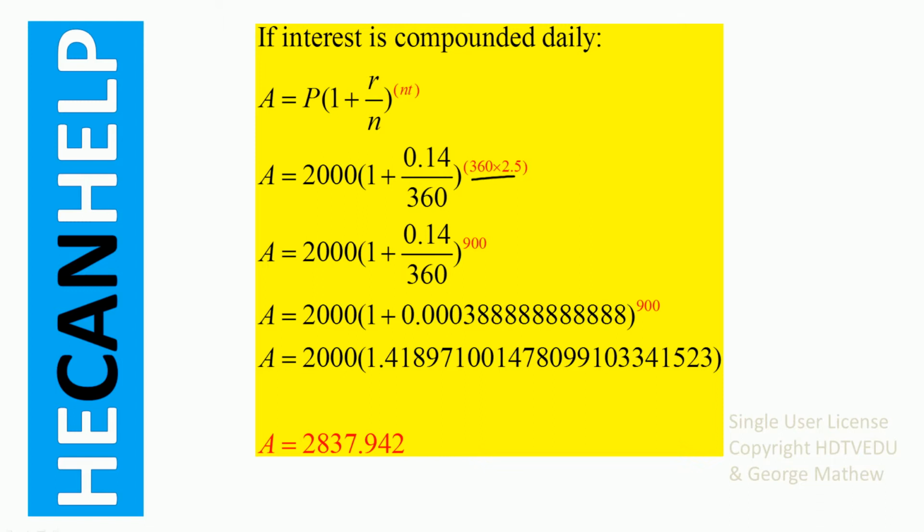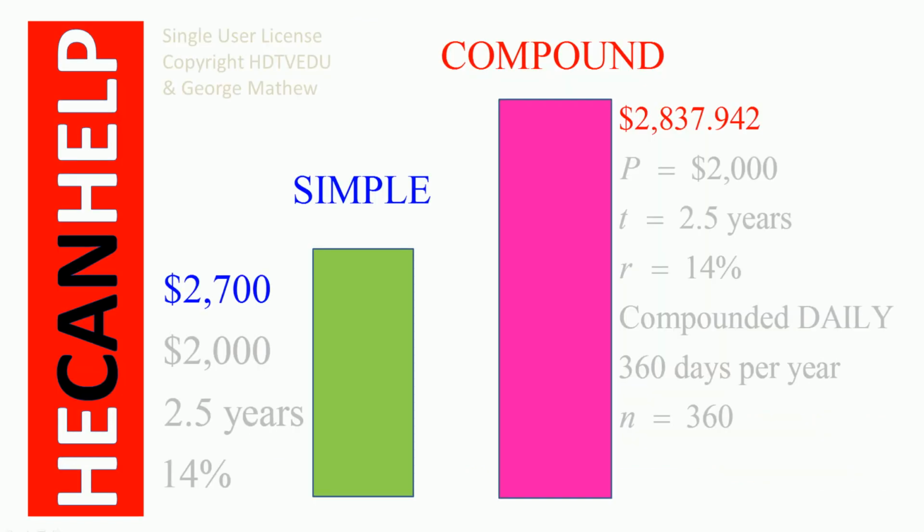So you get 2,000 times 1 plus 0.14 divided by 360, the whole thing raised to the power of 900. And raise it to 900, and then multiply that number by 2,000, and what do we get? $2,837.942.